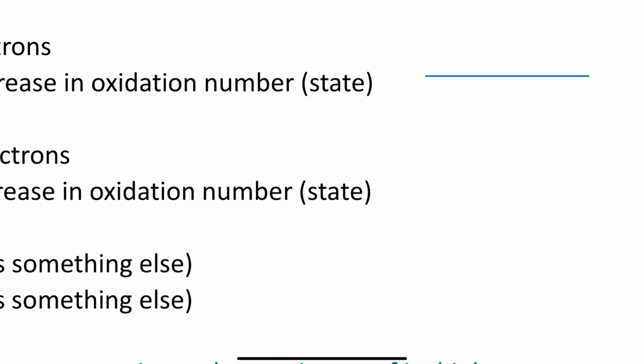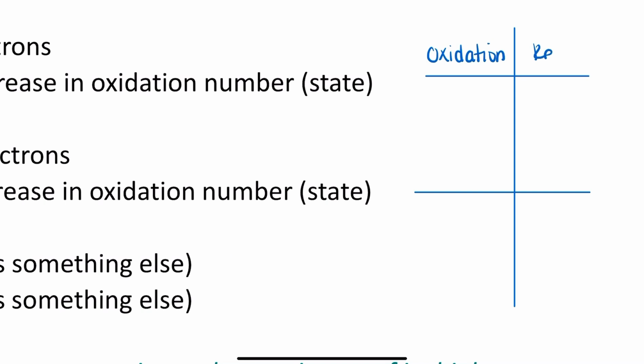I want you to make this box in your notes. Okay, and we're going to write oxidation and reduction. We're going to specify for general chemistry and for organic chemistry.